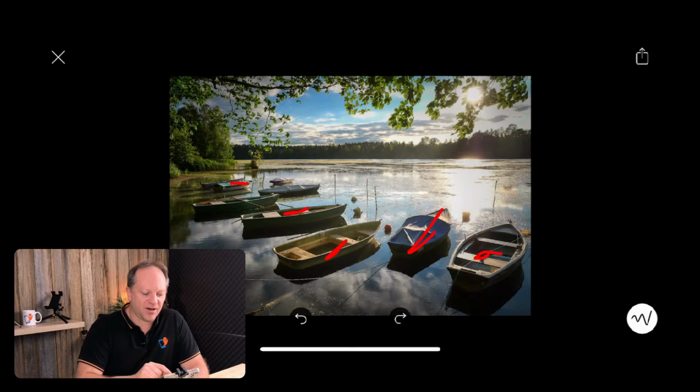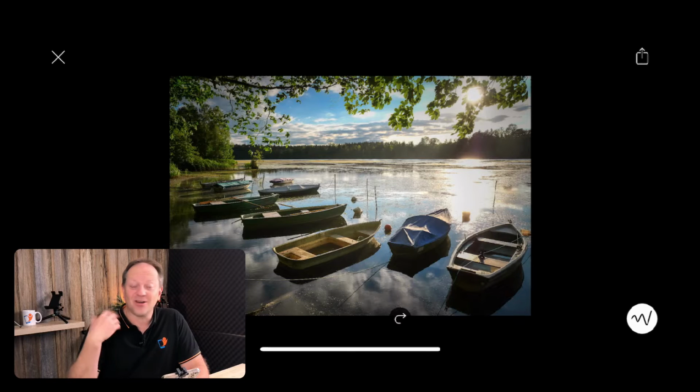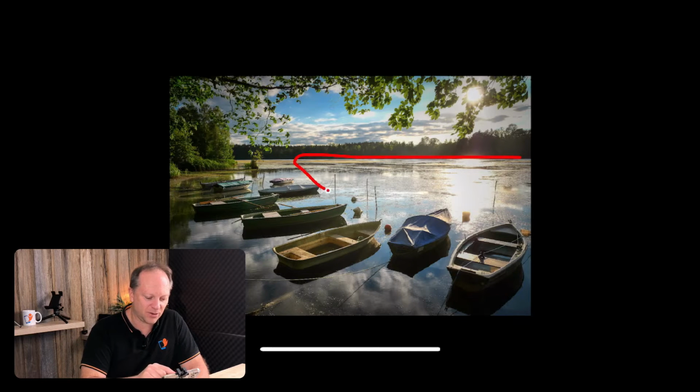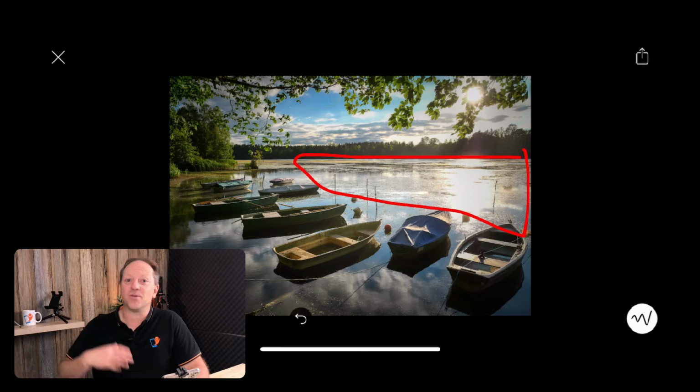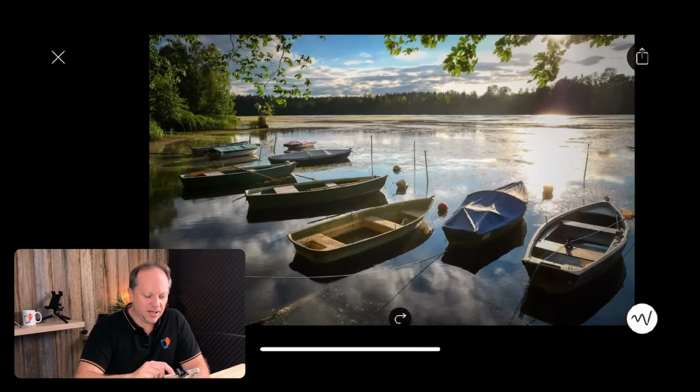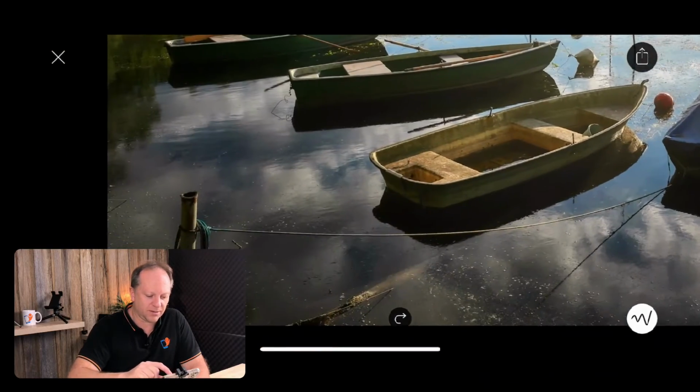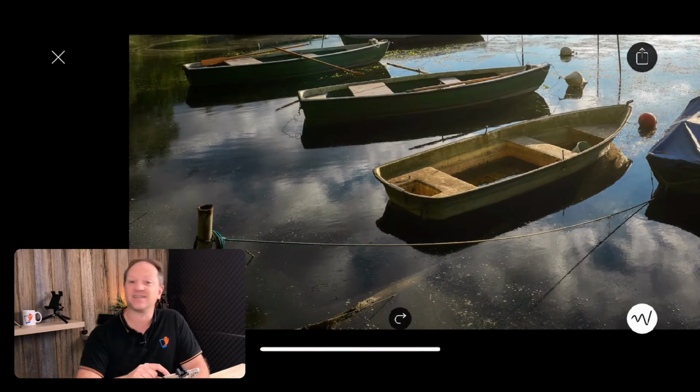Okay. Now this photo is quite busy and I like that. It works really well. We don't always have to have simplistic photos to be aesthetically pleasing. Here we have active space as well. And I love this, having all this space for these boats to move into. If this was cropped, okay, if it was cropped like that, that doesn't have active space.